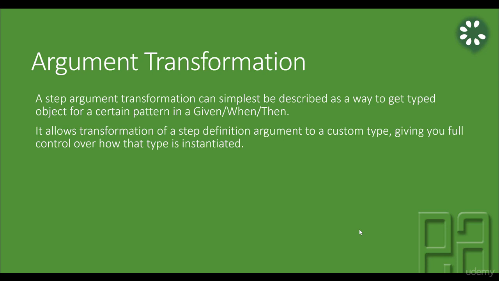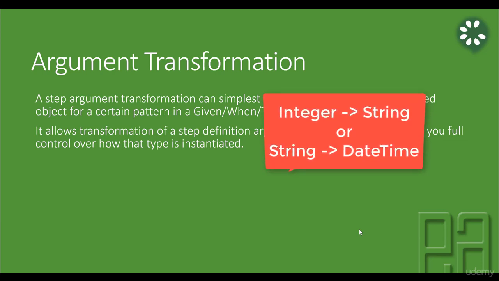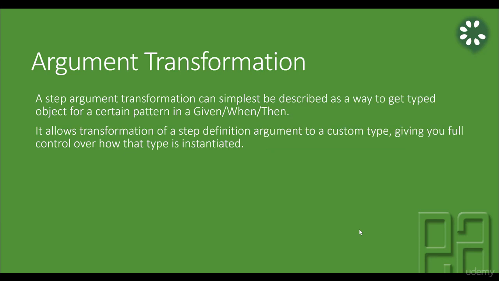So this is really awesome because if you want to convert certain types from a step definition argument to a specific type that you want, let's say if you want to convert an integer to a string or a string to a datetime format, then you can do that using this argument transformation concept available in Cucumber out of the box.